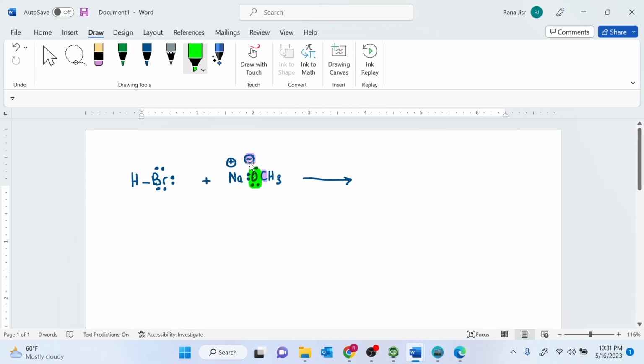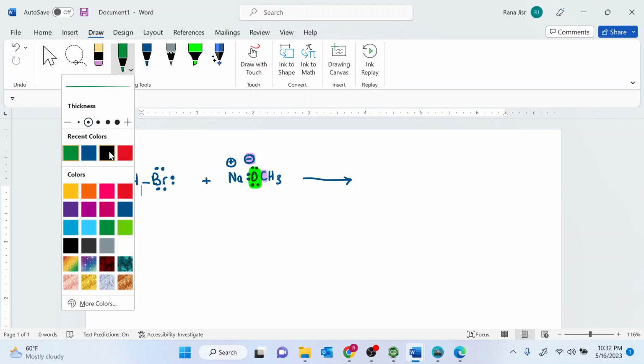On which atom is the negative charge? This is the basic part of the molecule. I didn't choose the bromine because the bromine is connected to the hydrogen, and the hydrogen here is the acidic part. So this is my acid, and definitely this is my base. This is the source of the base, so the electrons are going to start from the oxygen.